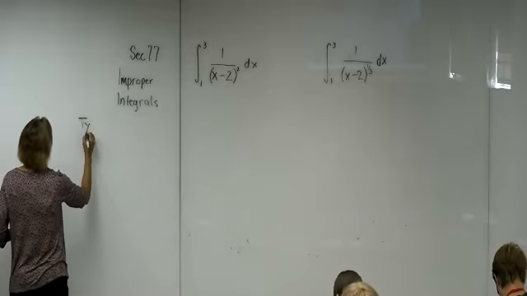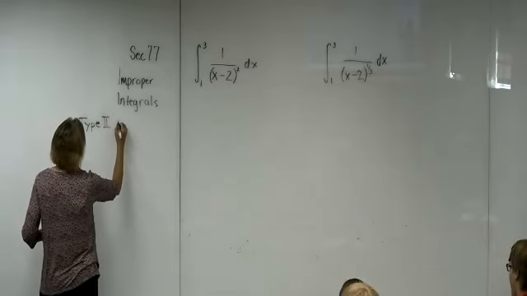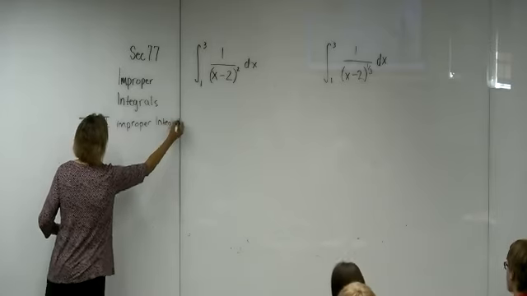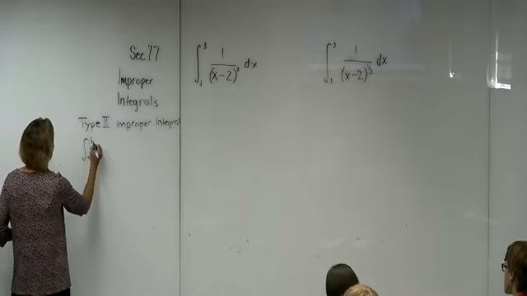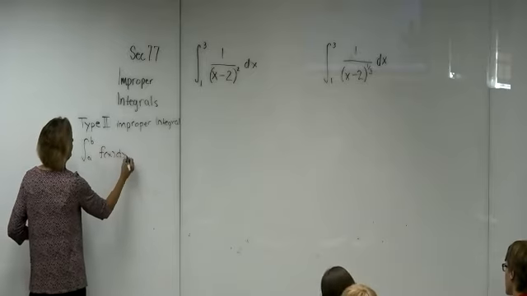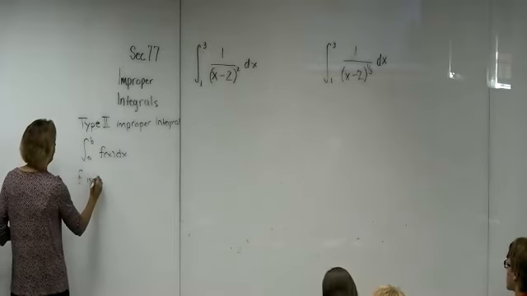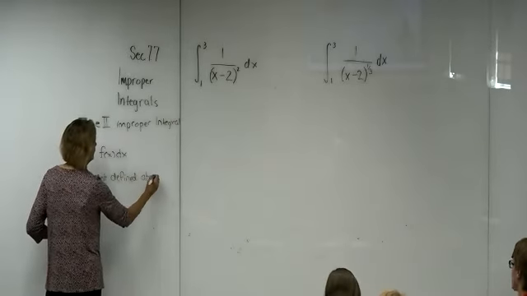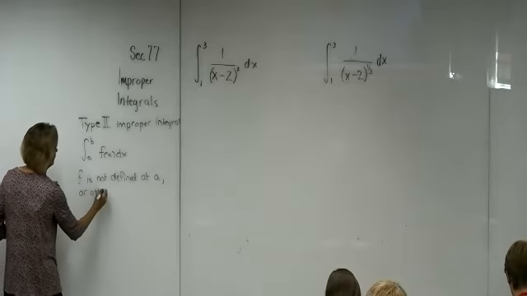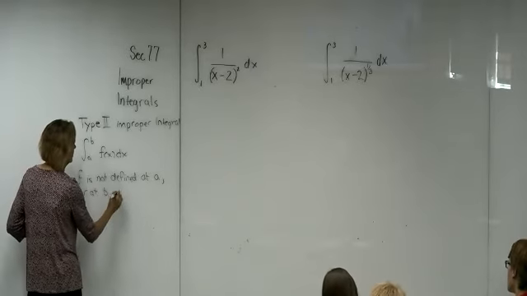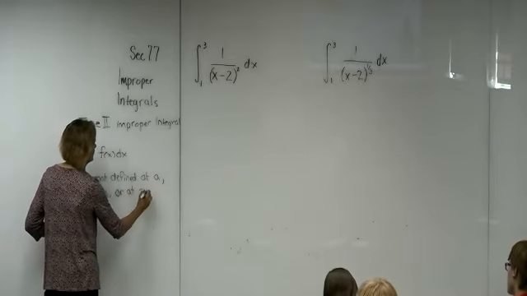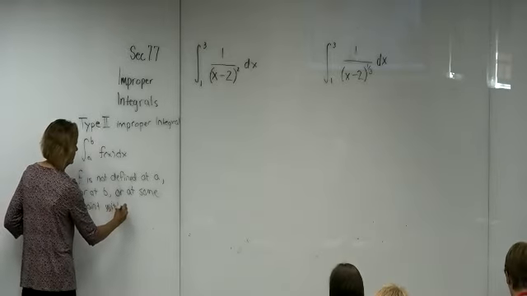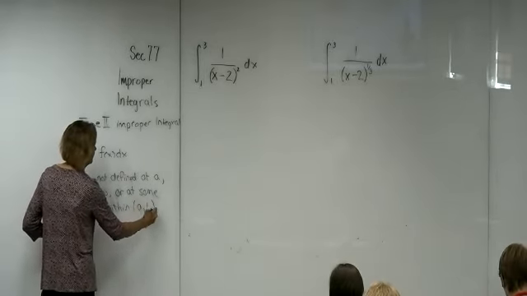This is a type 2, according to your text. Improper integral involves something of the form the integral from a to b of f of x dx, in which f is not defined at a or at b or at some point within the interval from a to b.